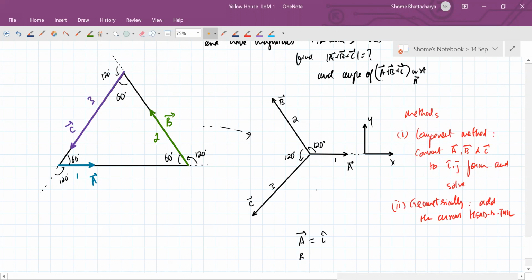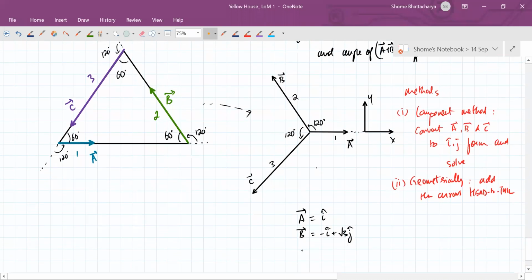When you break B into components, it will become minus i cap plus root 3 j cap. Okay, and similarly when you break C into components, it will become minus 3 by 2 i cap minus 3 root 3 by 2 j cap ऐसा हो जाएगा.